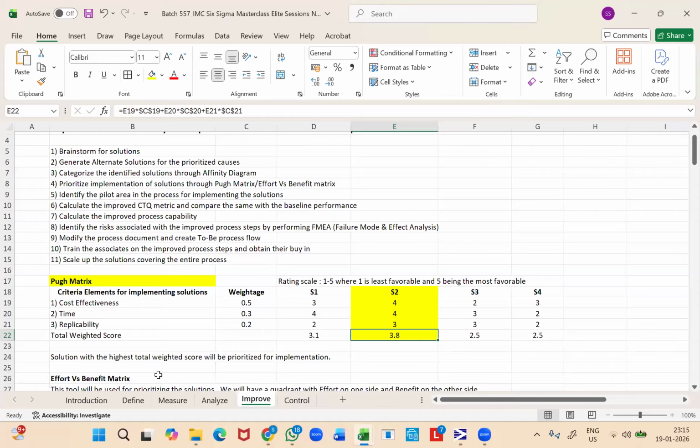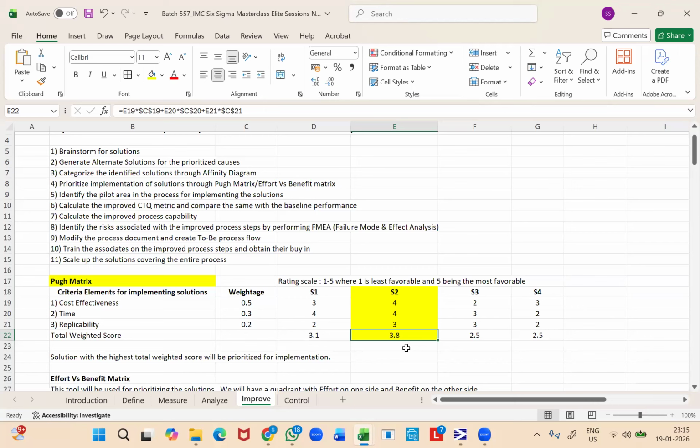And then we will have the restaurant names in each column. And then we will provide a rating on the scale of 1 to 5 for all these restaurants against each of the criteria elements. And then we'll calculate the total weighted score and find out which restaurant has the highest total weighted score. So that restaurant will be prioritized for the visit.